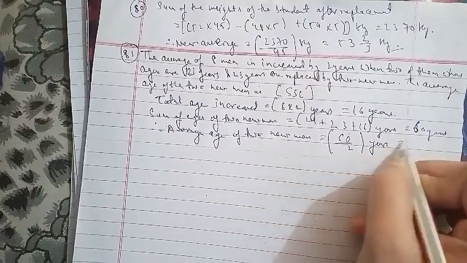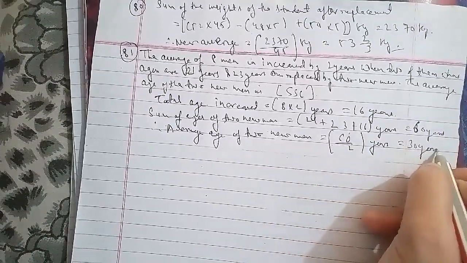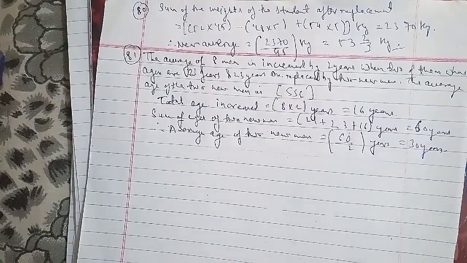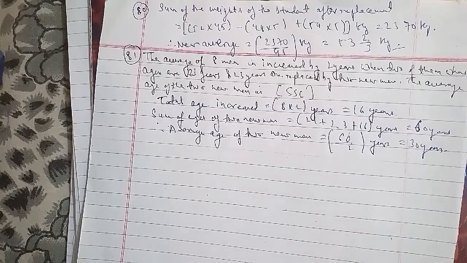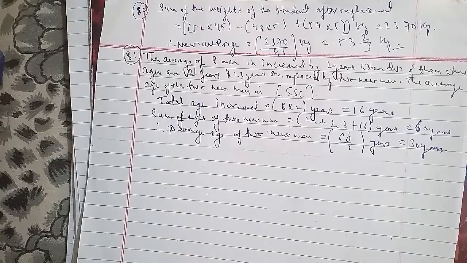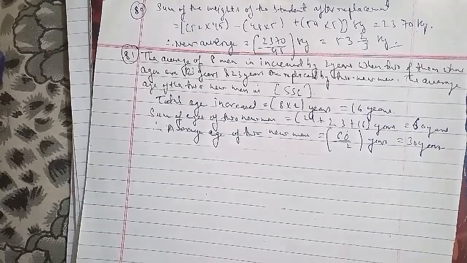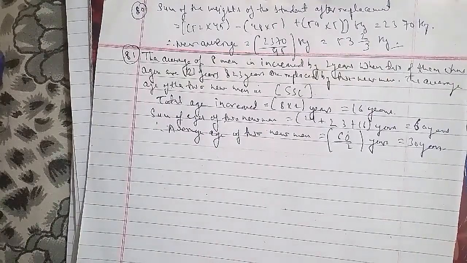We had completed verbal reasoning, that is general mental ability and logical reasoning. Then we started non-verbal reasoning, where we completed series, analogy, classification, analytical reasoning, mirror image, water image, embedded figure, and figure matrix as well. After that we are dealing with quantitative aptitude, which is divided into two parts: arithmetical ability and data interpretation.